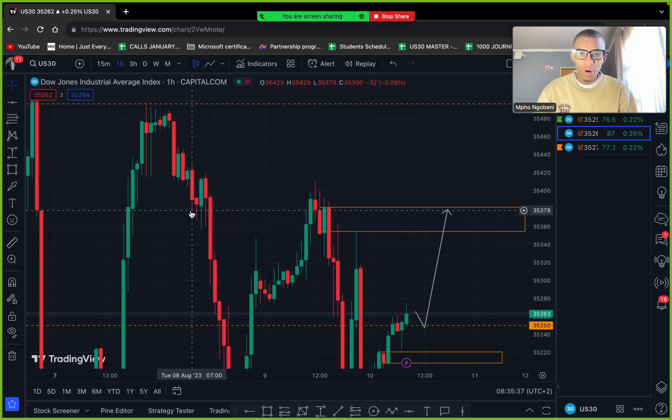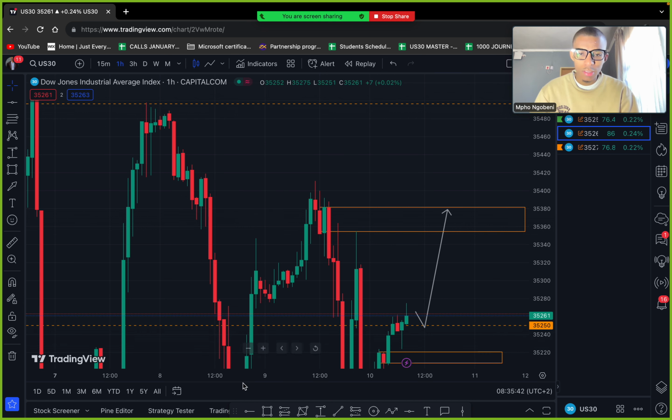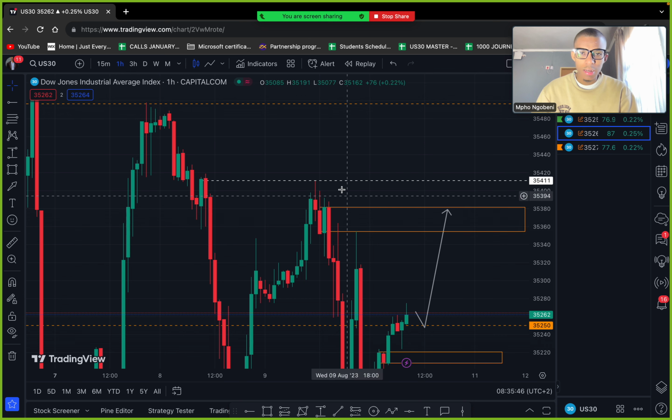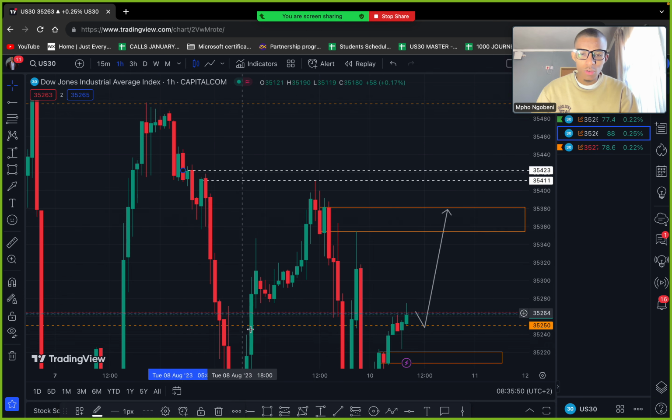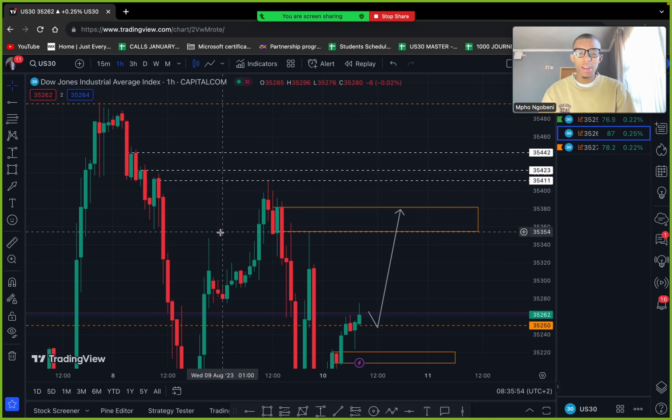And here we have 1, 2, 3 zones. Here we have 3 zones at this area, but we saw that this zone has already been taken out, right there. So now we're maybe looking for that zone and that zone to be taken out.